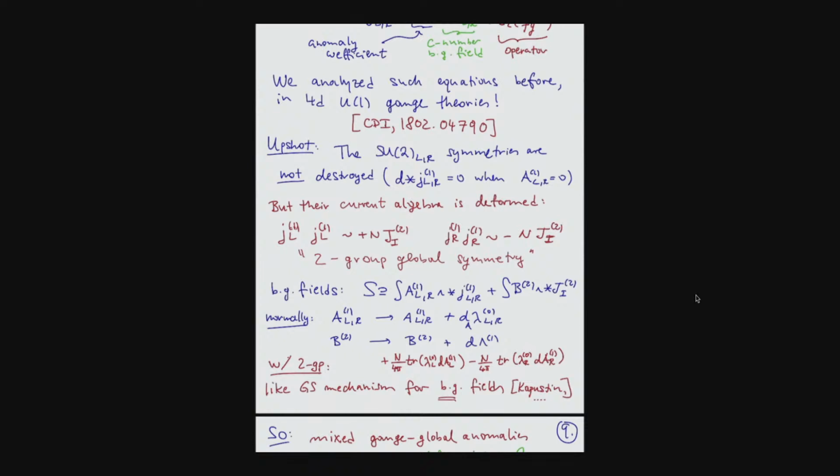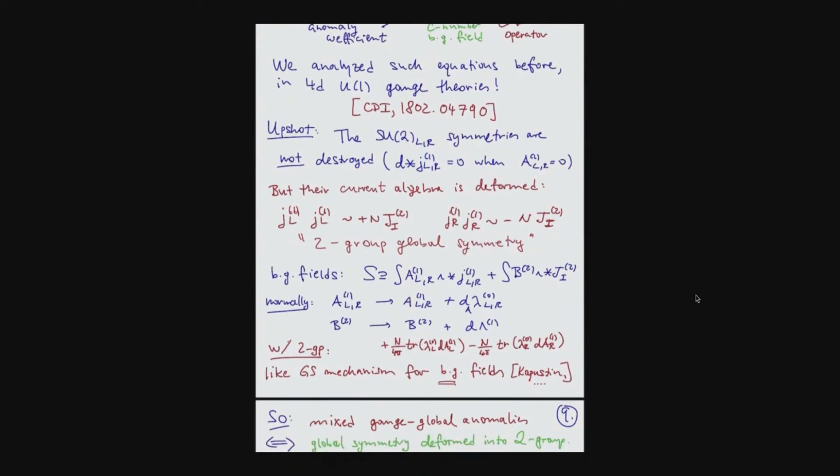Here, we're talking about global symmetries. B and A are background gauge fields, so they're not dynamical. And all these transformations that we are doing are the corresponding background gauge transformations, which are essentially the global symmetries. So the formula is like the Green-Schwarz mechanism, but it's a Green-Schwarz mechanism for background fields.